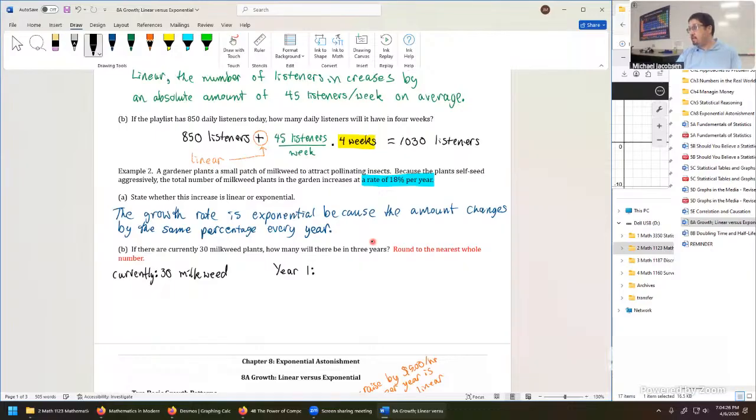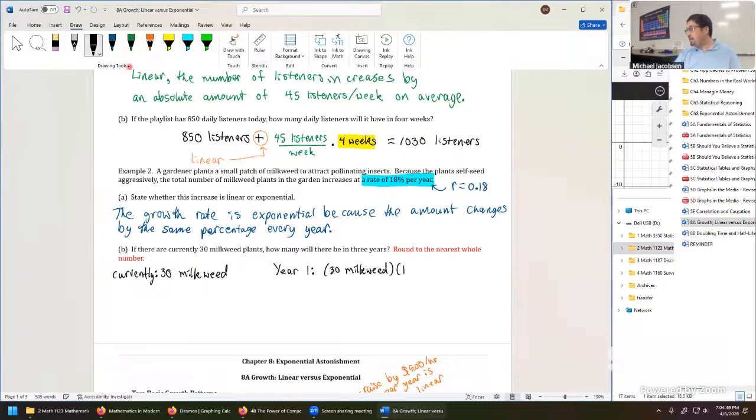Year 1, take the 30 milkweed already existing, and it's growing at a rate of 18% per year. So we can say, well, that's a rate R. If we write it as a decimal, that's 0.18.